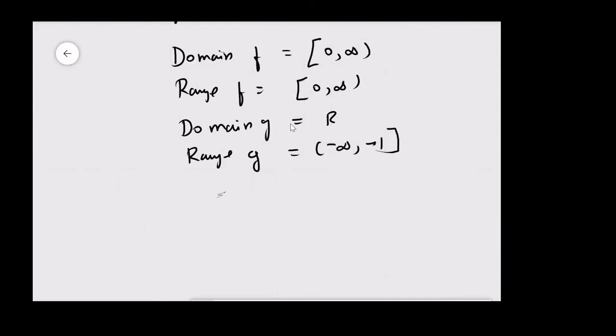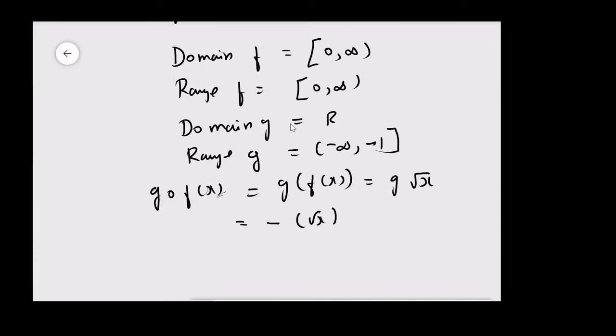g∘f(x) is nothing but g(f(x)), which is equal to g(root x), which is equal to (root x) the whole squared minus 1, which is equal to x minus 1.